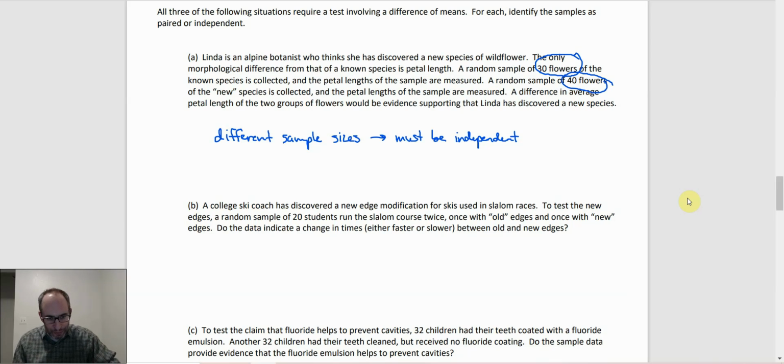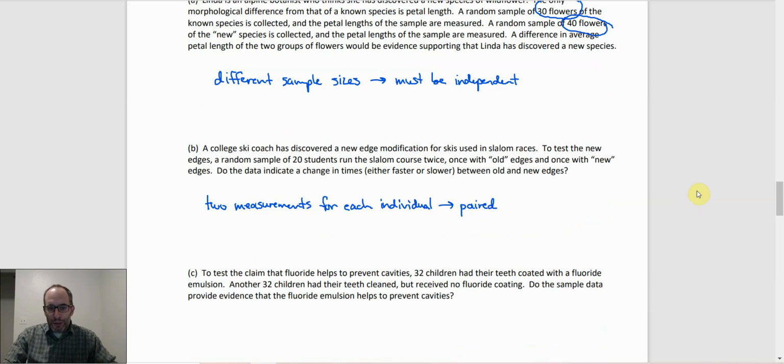So when you have two measurements for each individual, like we do here, that's when you got paired data, right? That's a scenario where you've got paired data.